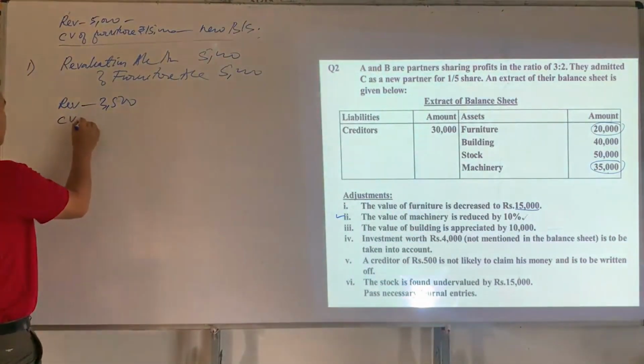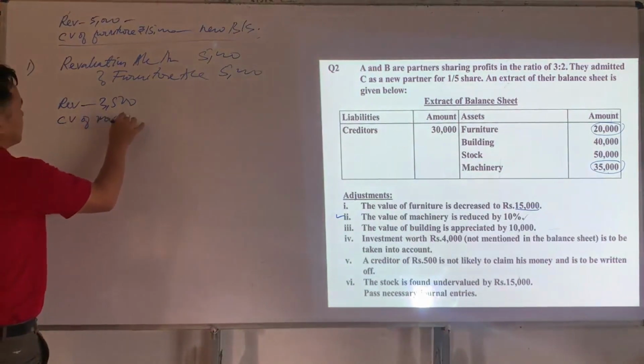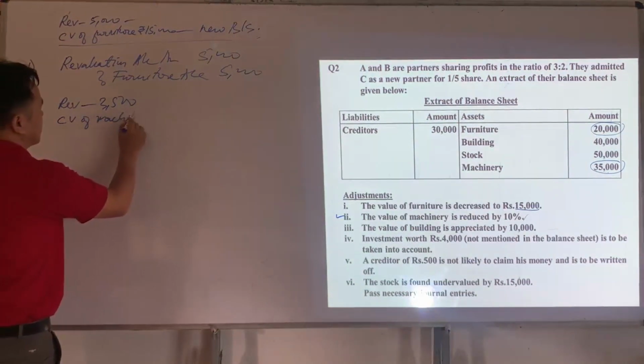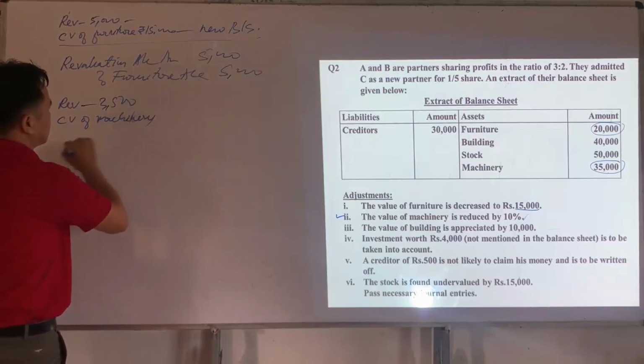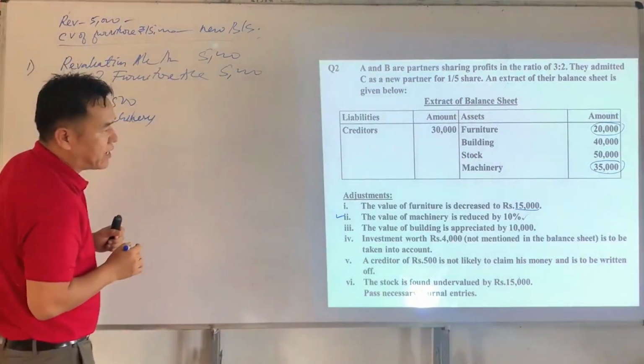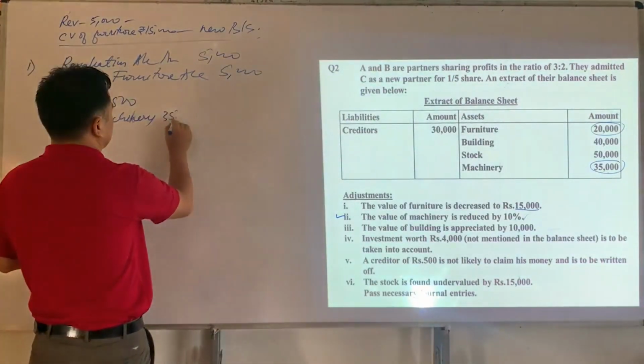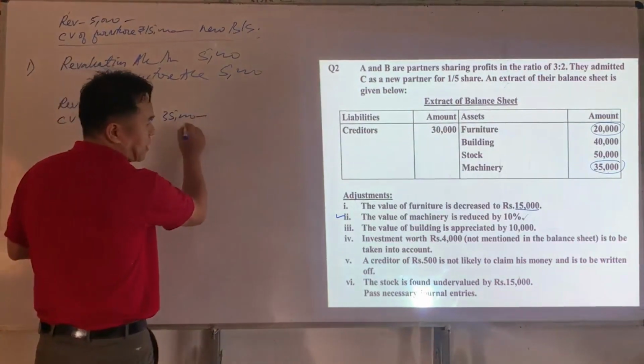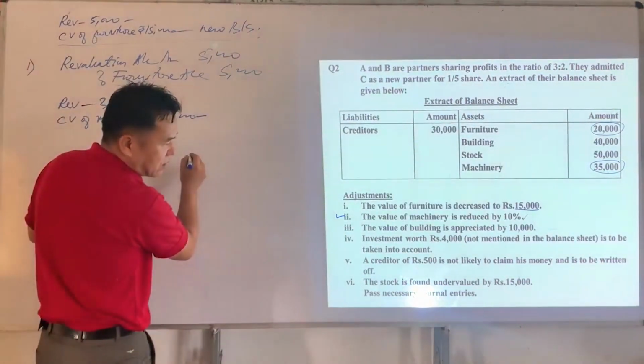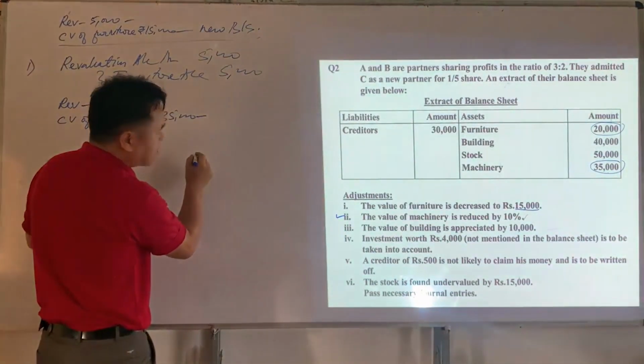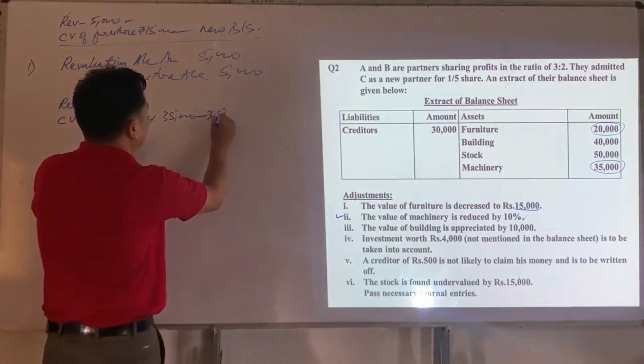Okay? And what is the current value of machinery? The current value of machinery is 35,000 minus 3,500, as the value of machinery is decreased by rupees 3,500.